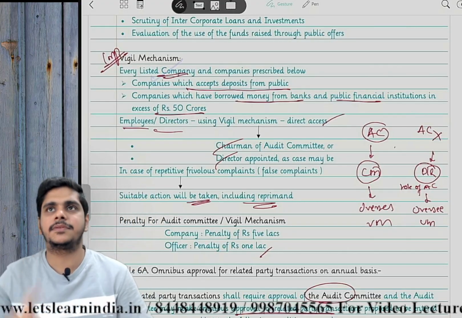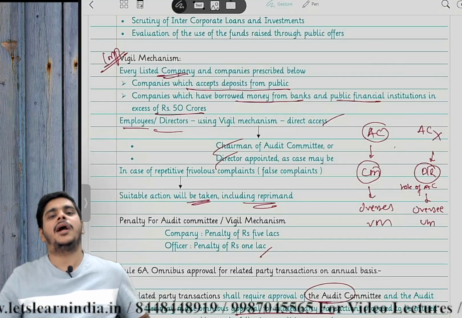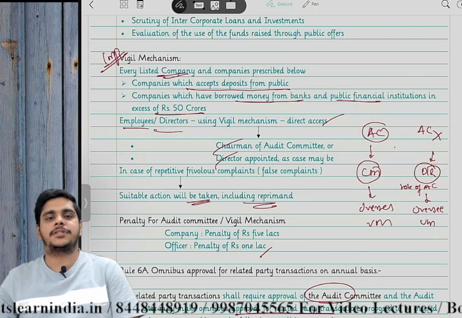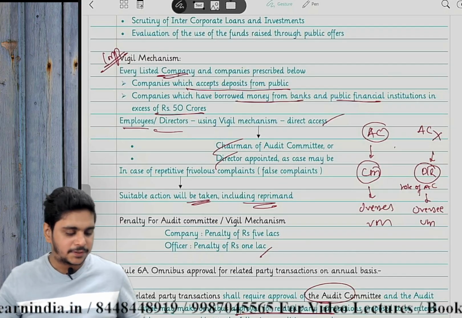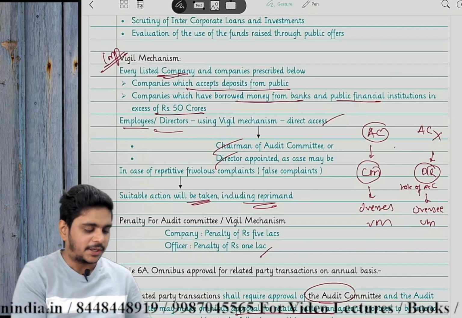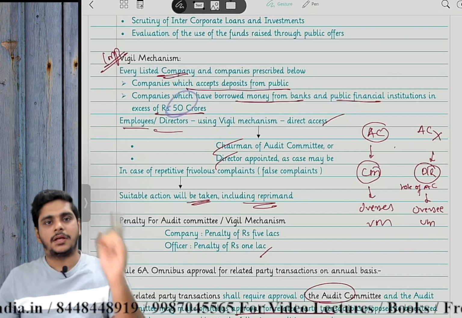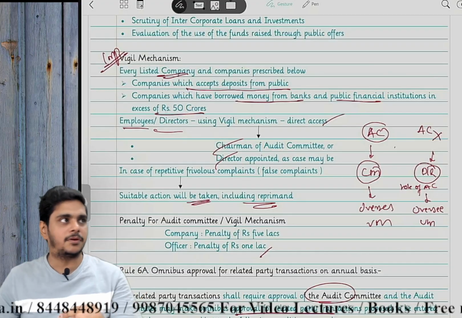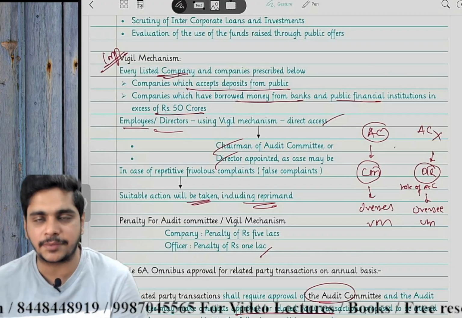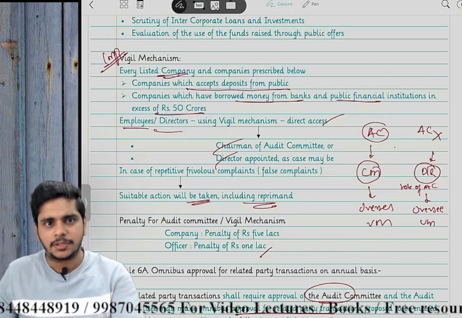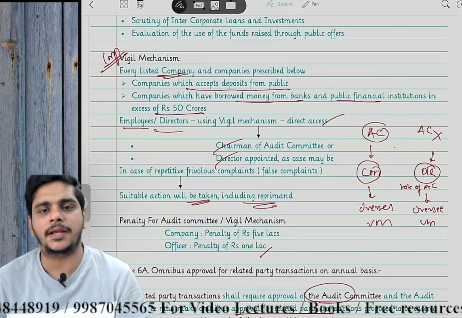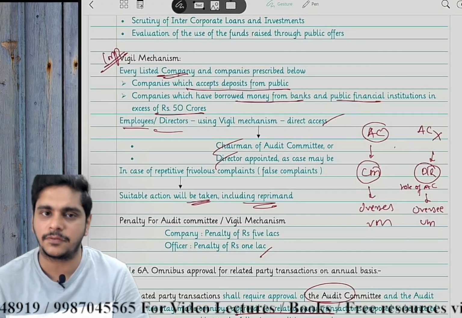Every listed company means which is listed on the stock exchange. And companies prescribed below: companies which accept deposits from public, and companies which have borrowed money from bank and public financial institution in excess of 50 crores.